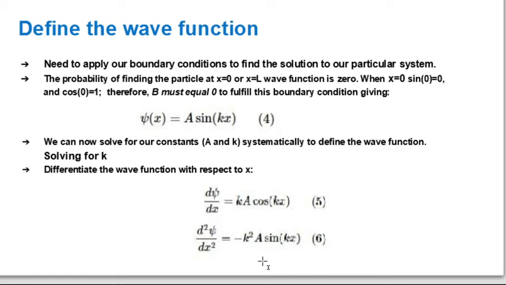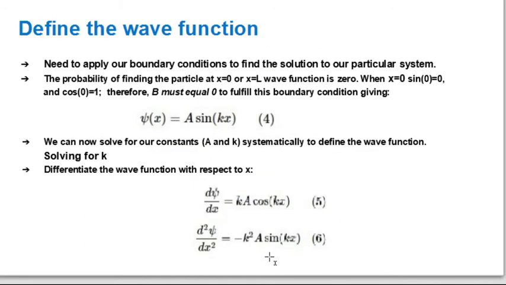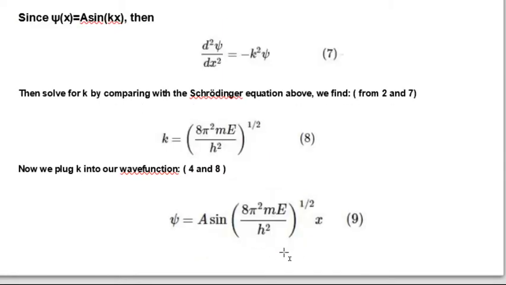It is very obvious. Now we have this a sin kx, that is psi x itself. We can put that into equation number 6. What we get is d square psi by dx square is equal to minus k square psi.